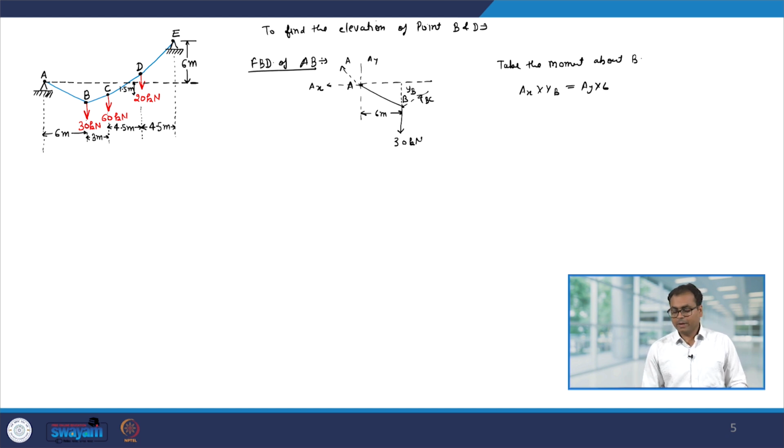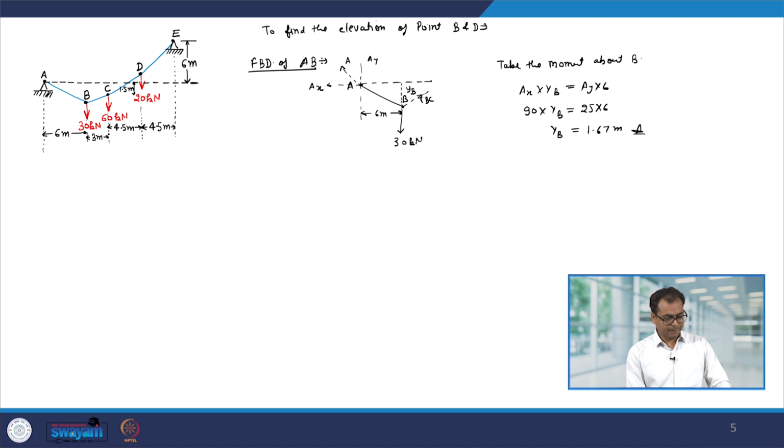And just now we have found the values of AX and AY. So, AX was 90 into YB equal to AY, which was 25 into 6. This immediately gives you YB, and it is 1.67 meter. Okay. So, this is the elevation of point B.